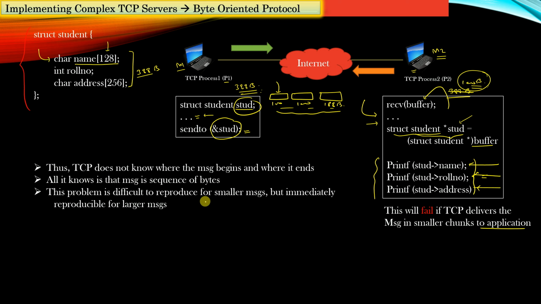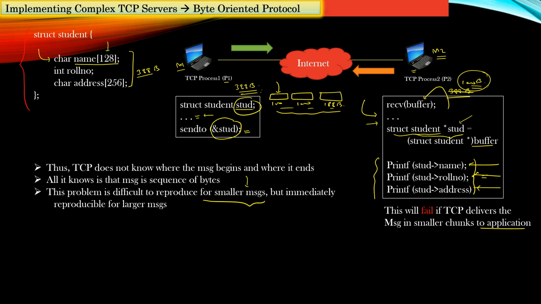the TCP recipient. Now you must be wondering that you may have written a couple of socket programs based on TCP, and you have successfully exchanged messages between the TCP server and the client without seeing any problem. The reason is that this problem is difficult to reproduce for smaller messages, but immediately reproducible for larger messages.